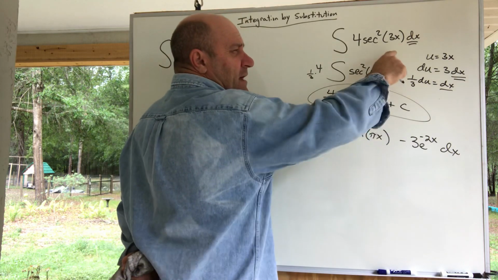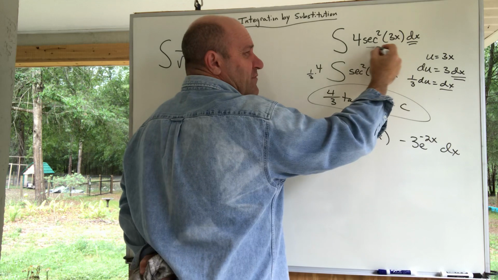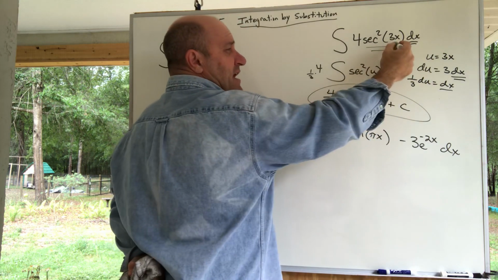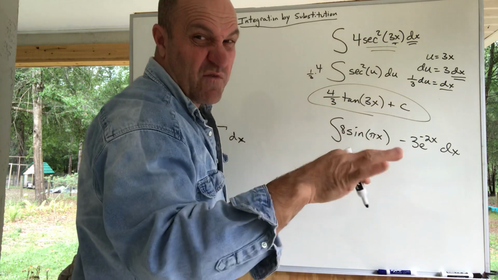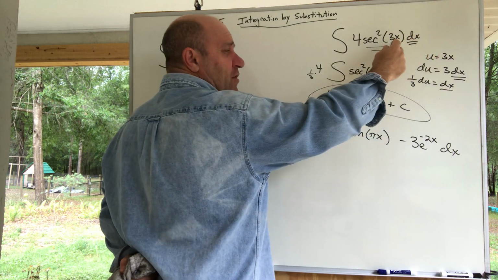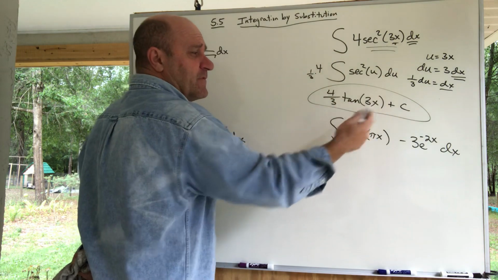But from the previous video, the antiderivative is tangent of 3x. Because it's a 3x, there's a u substitution going on, sort of a reverse chain rule, that spits out a 1/3.